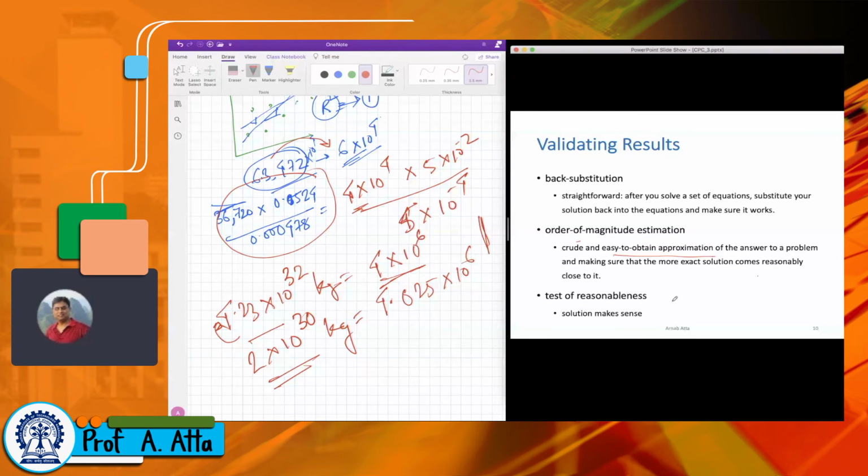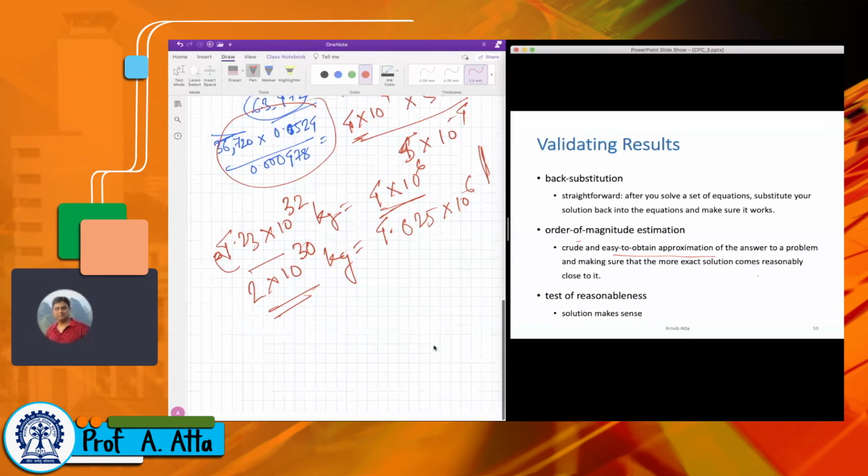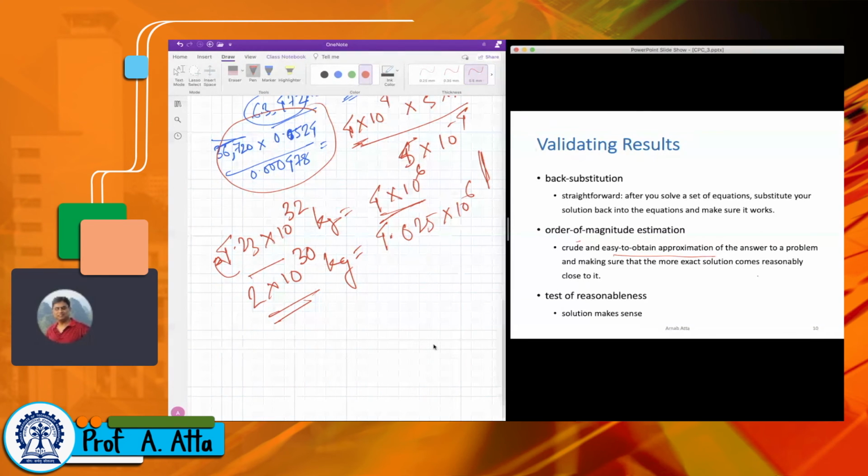Okay, in this order of magnitude analysis, let me tell you another point. Say I have this kind of scenario.